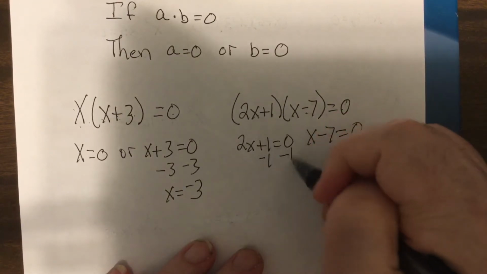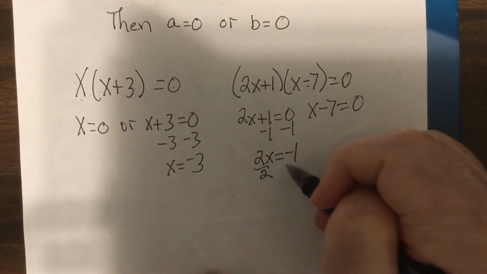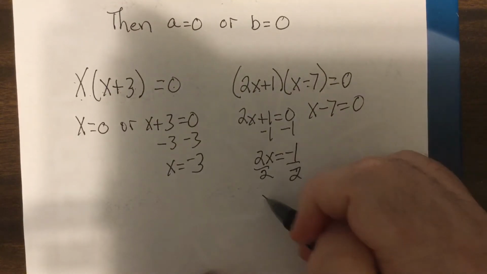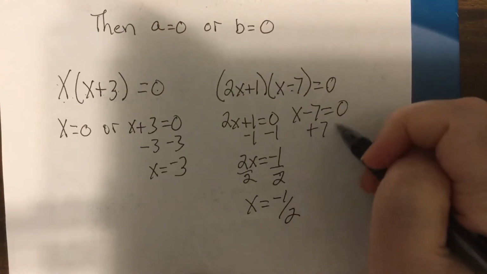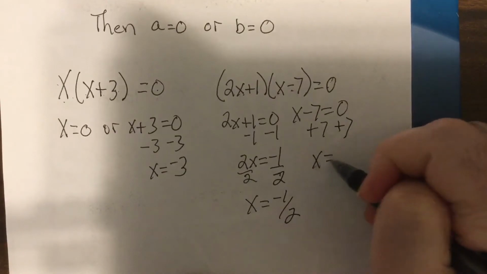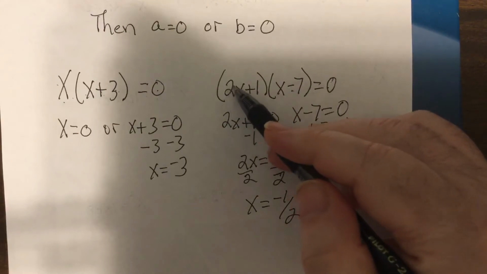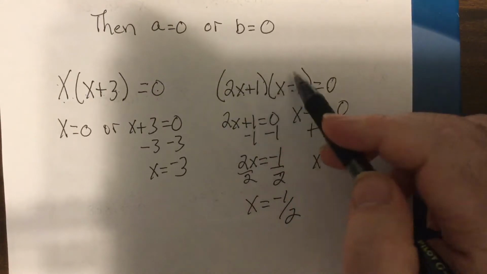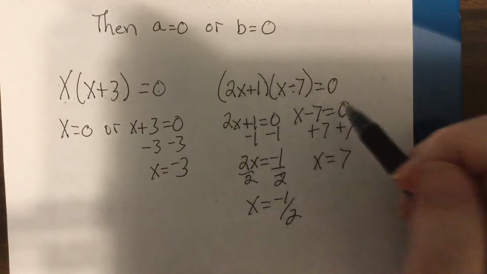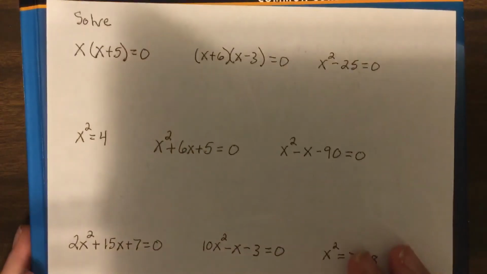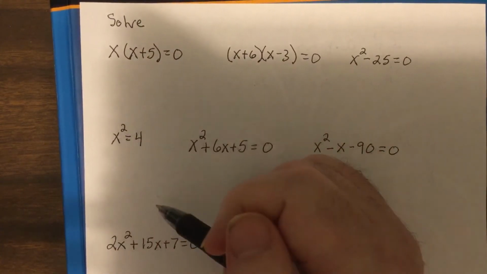So I subtract 1, divide by 2. x is -1/2, or I add 7. So there's two answers. So -1/2 times 2 is -1, plus 1 is 0. 0 times this is 0. 7 minus 7 is 0, times this is 0. So do these two problems for me and then turn me back on.